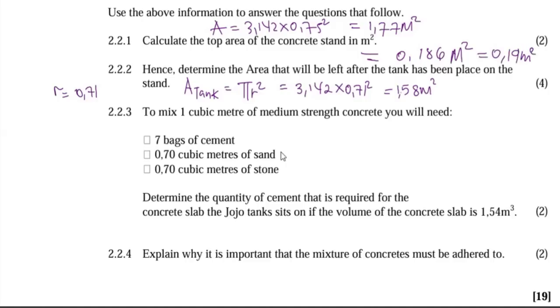Yes, let's look at question number 2.3. To mix 1 cubic meter, you need 7 bags of cement, 0.7 cubic meters of sand, and stone. So cement takes a bigger part.